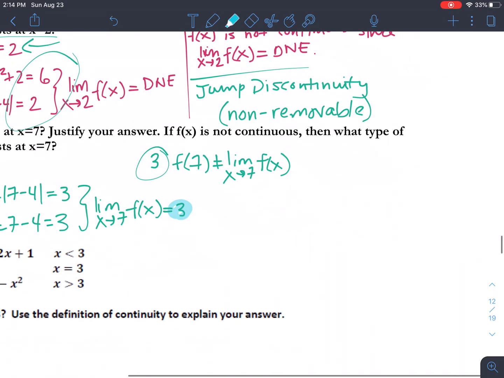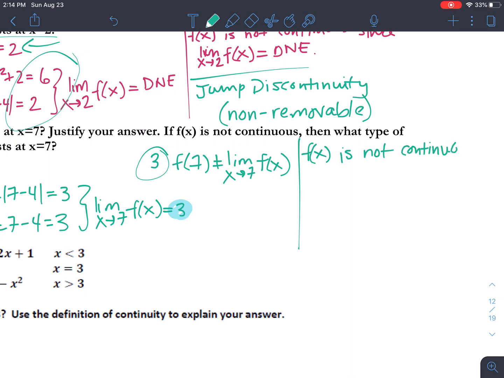Okay, so take a look here. The final answer is we want to say it's not continuous. And that was because it failed step 3, since f of 7 is not equal to the limit as we approach 7.